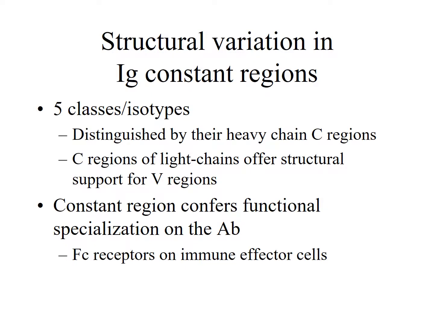Now, let's talk about the different types of antibodies. Hopefully you remember from the previous chapter, we talked about how there are multiple classes or isotypes of immunoglobulins: IgA, IgD, IgE, IgG, IgM.